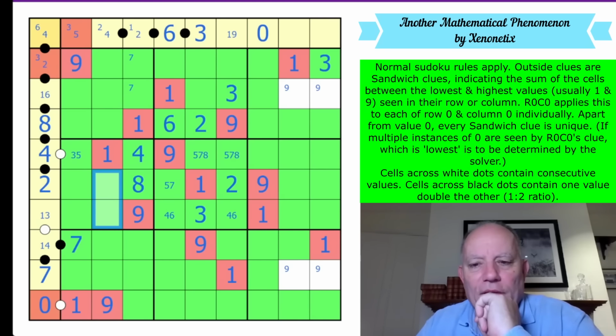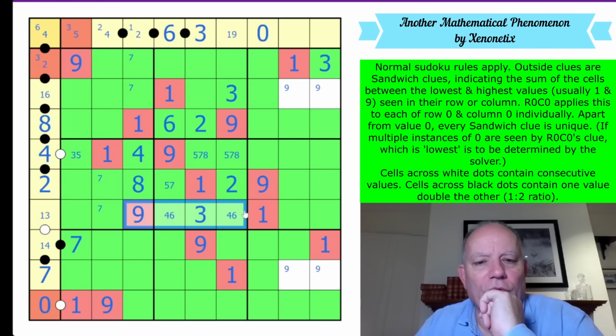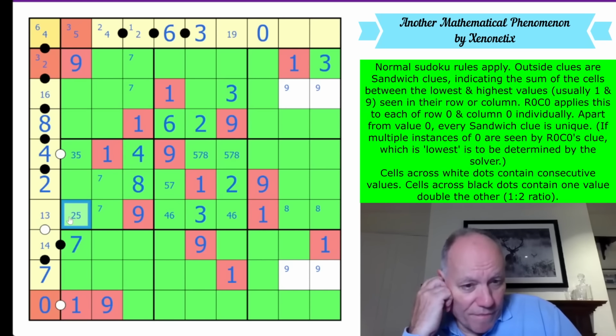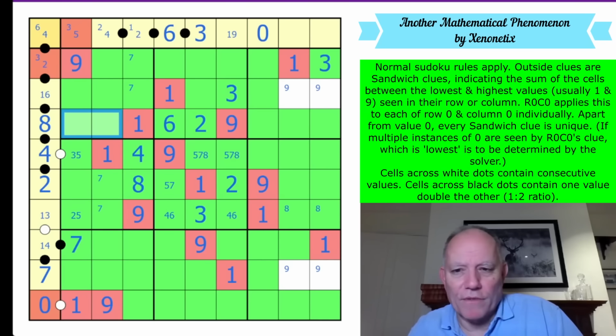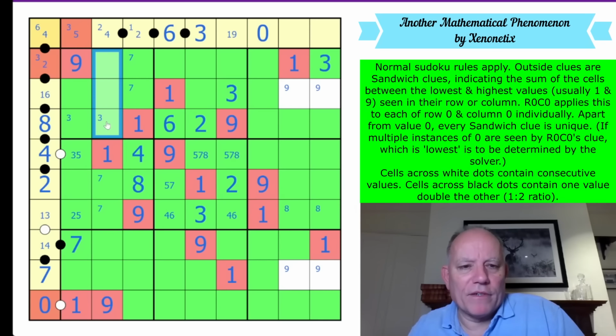There's a 7 in one of those two. 9, 4, 3, 6, 1. There's an 8 over here. That digit's 2 or 5. This is not the right way to do this puzzle. There's a 3 in one of those two. Now these have to add up to 11. So they don't have an 8 in.